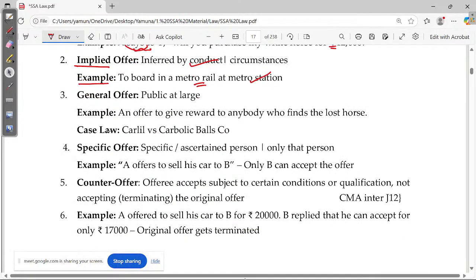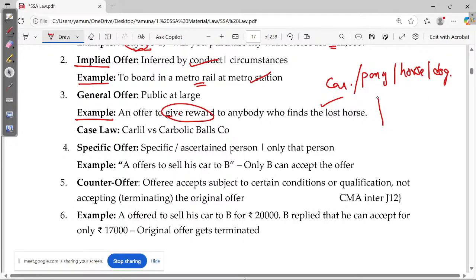General offer. Example: an offer to give a reward to anybody who finds the lost horse. I have a pony or a horse, I lost it, horse or dog. Most of the time, the exam questions will have dog, car, pony, horse. Whether it's a pony or horse or dog or car or whatever it is, I lost it.